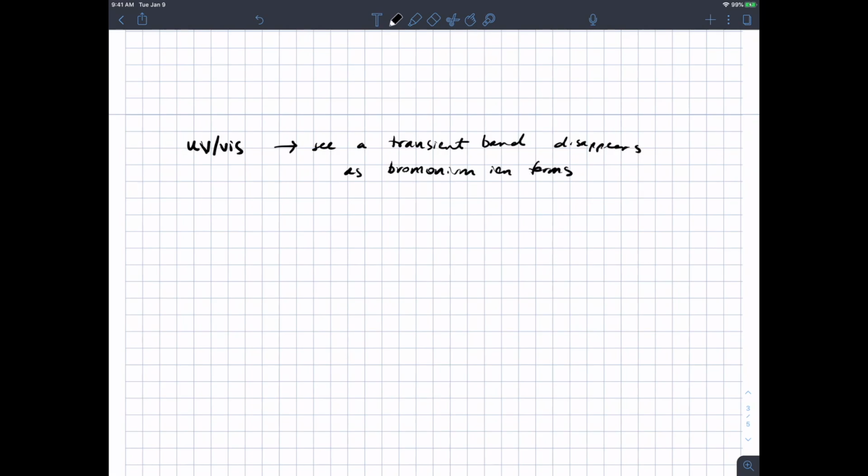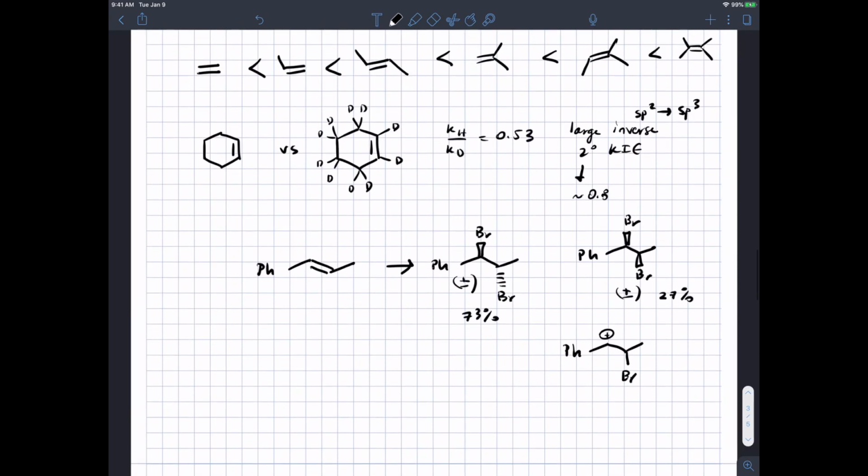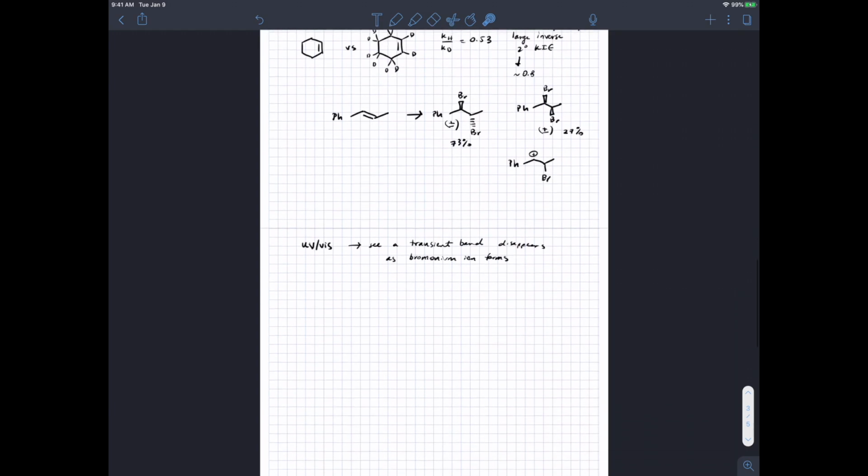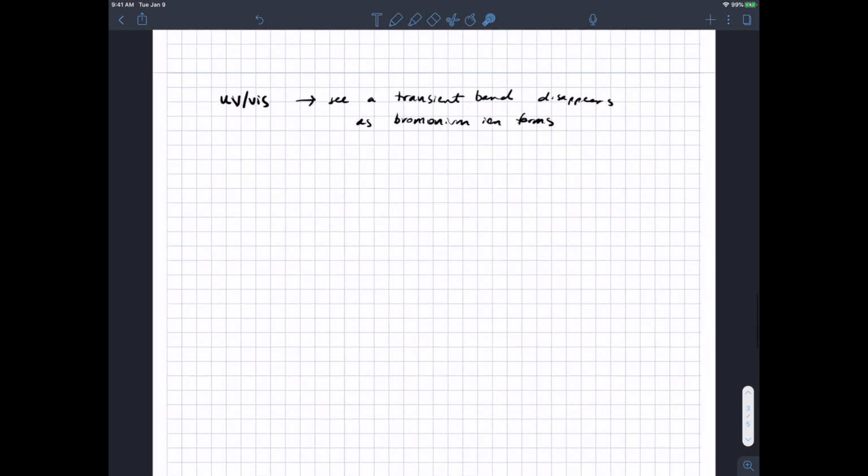And this is kind of bizarre. I mean, we've looked at bromonium ion formation as though it were concerted, but spectroscopically you can observe the following. It's very weird, and do you have to memorize it? No, but it's kind of interesting, so we'll talk about it.